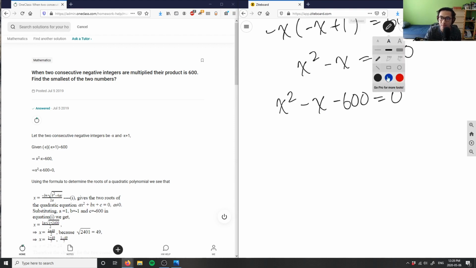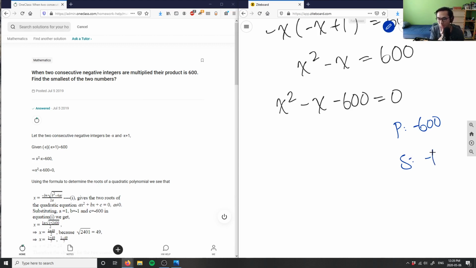I'm thinking about the product of a and c. The product of 1 and negative 600 is negative 600, and the factors have to sum to negative 1. Let me think about two factors of 600. Let me use my calculator. 60 and 10 would give me 600, but that's too far off.